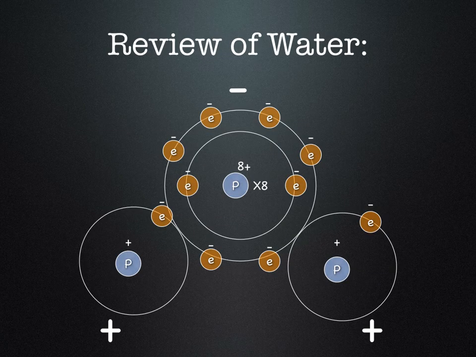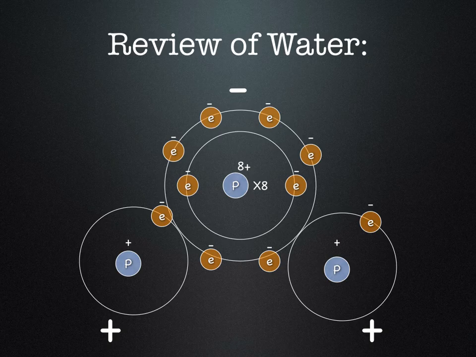A review of water shows us that water is a polar molecule. Recall from the previous lessons that water has two hydrogen atoms and one oxygen atom, giving it 10 electrons.